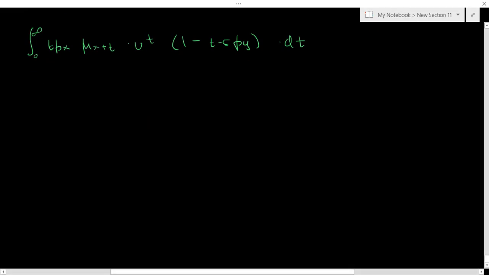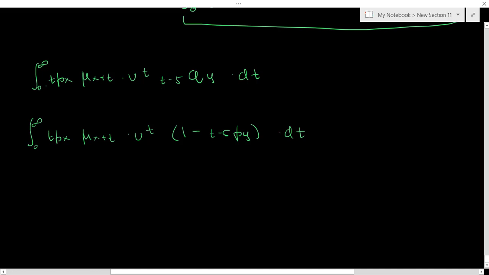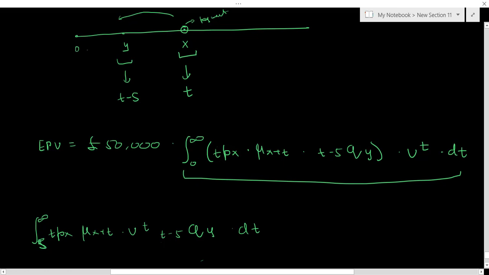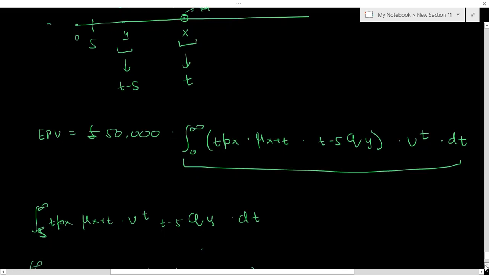Now I'm sorry, again, this would be from 5 to infinity, because the minimum time for the death of x would be 5. If x dies before time 5, then y's death would have been in a negative time, which is not possible, right? So it would be from 5.